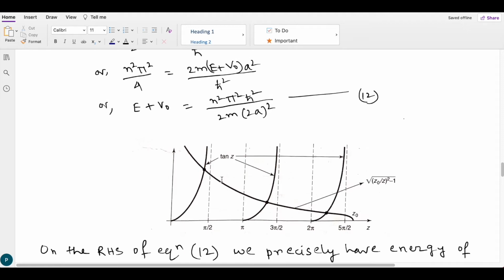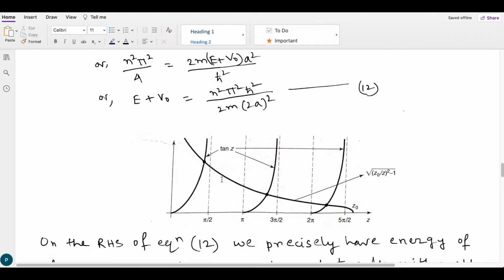We know that the energies of a particle in an infinite square well are given by n square pi square h cut square by 2m a square, but if the length of the well is 2a, we get this equation 12, precisely the right hand side of equation 12.